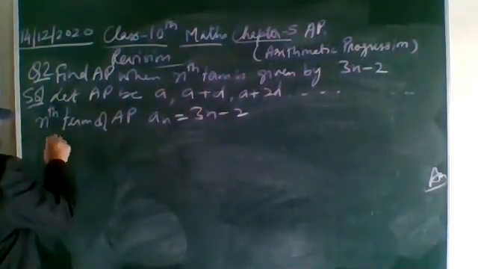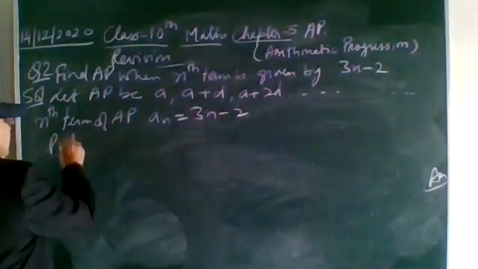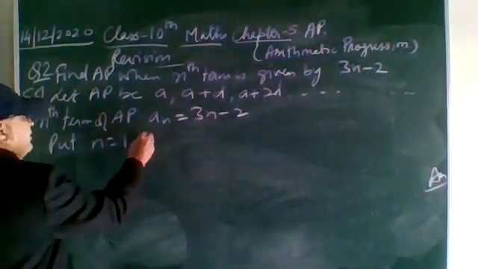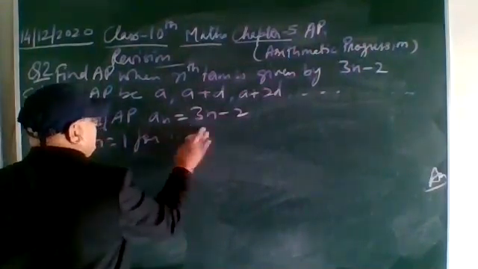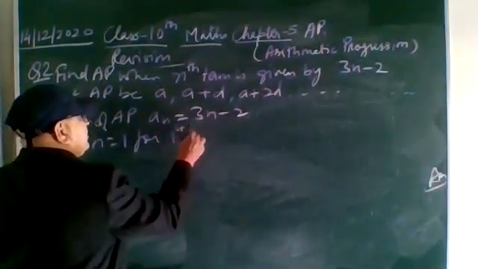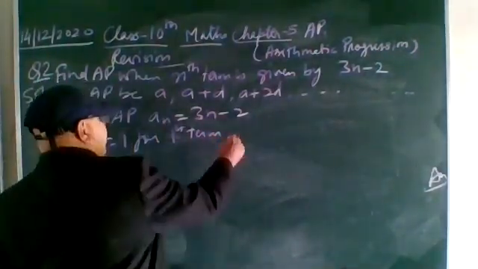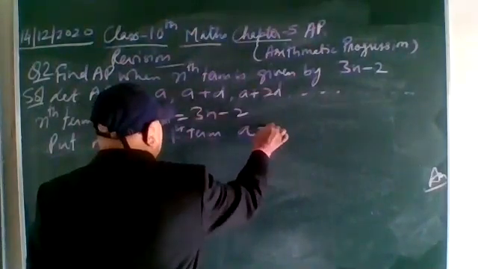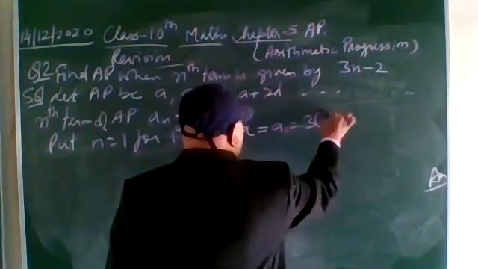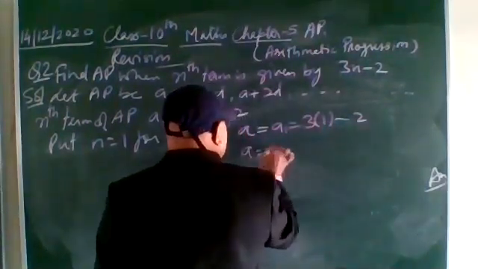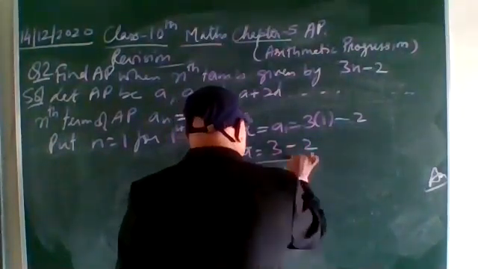Now find the terms. Put n equal to 1 for the first term. a equal to a1 equal to 3 into 1 minus 2. So a equals 3 minus 2. a equal to 1.